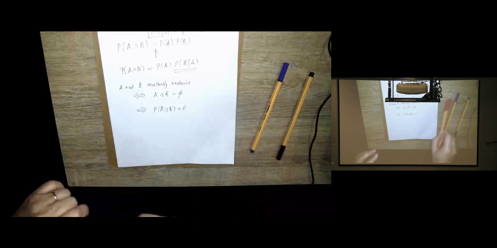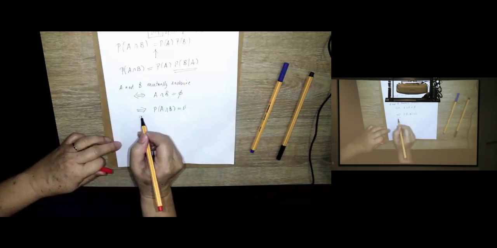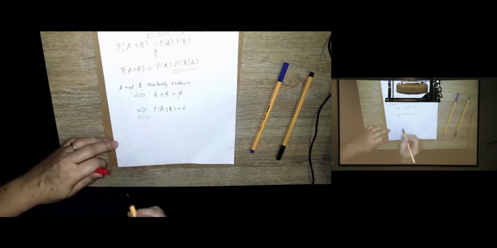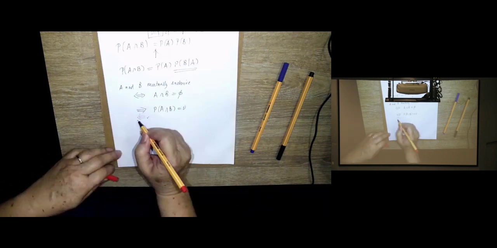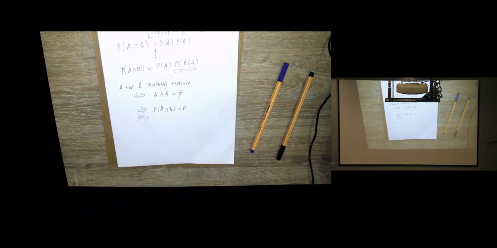In a lot of situations, this is okay, but this is not always true. If the probability is 0, it doesn't mean it has to be an empty set. When we come to a continuous random variable, let's say a normal distribution, the probability of taking exactly a point is equal to 0.